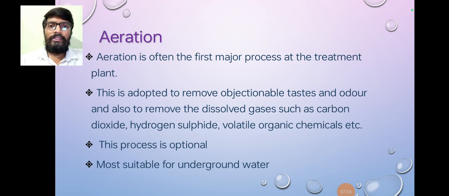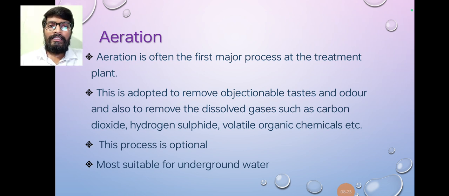This method is most suitable for underground water. Why? Because underground water does not contact any atmospheric pressure. For example, surface water, lakes, rivers or ponds, those water bodies already contact the air. So that's why there is no need for the aeration process.